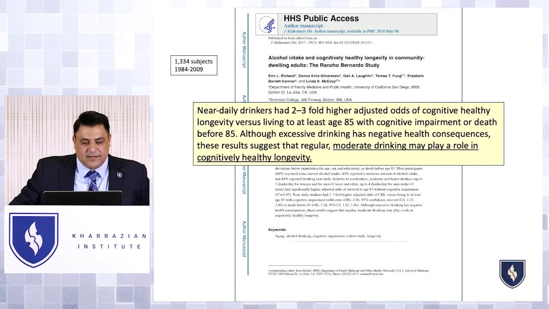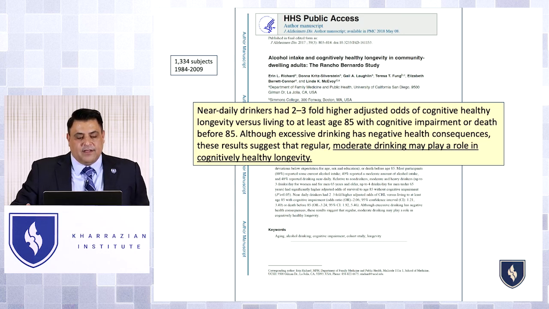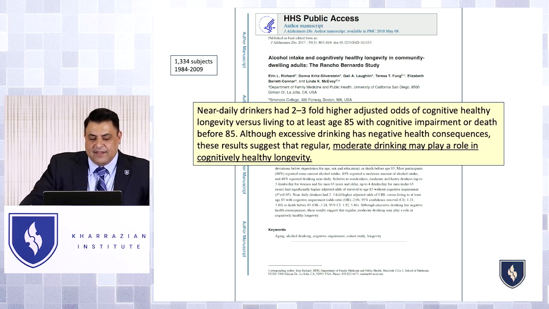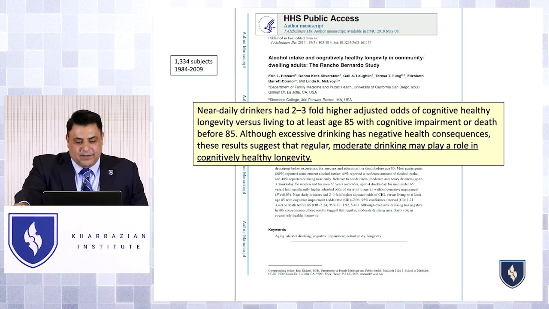This was a study called Alcohol Intake, Cognitive Health, and Longevity in Community-Dwelling Adults, the Rancho Bernardo study, with 1,300 subjects from 1984 to 2009. Near-daily drinkers, meaning they had a drink almost every day, had a 2 to 3-fold higher adjusted odds of cognitive healthy longevity versus living at least to age 85 with cognitive impairment or death before 85.